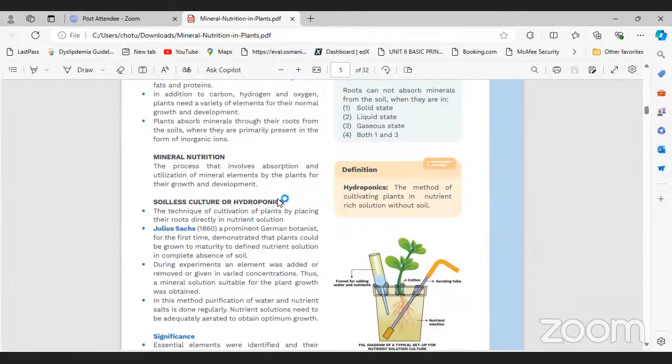The technique of cultivation of plants by placing the roots directly in nutrient solution.